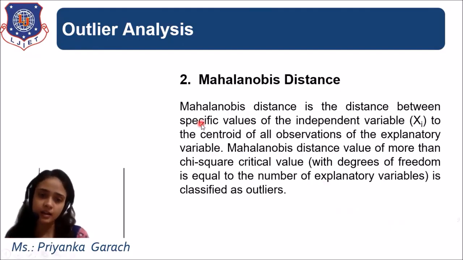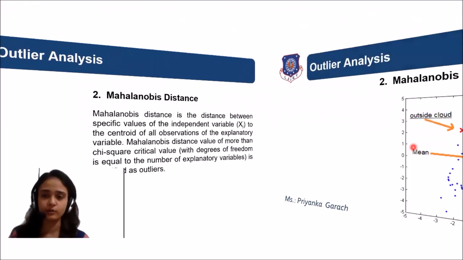We are considering a specific value of the x variable, that is xi, whether it is x1, x2, x3, or up to xn, and we are considering all the observations of x. Explanatory variable means we are talking about the x variable only. So we are considering a particular x point relative to the centroid of all the observations of x.